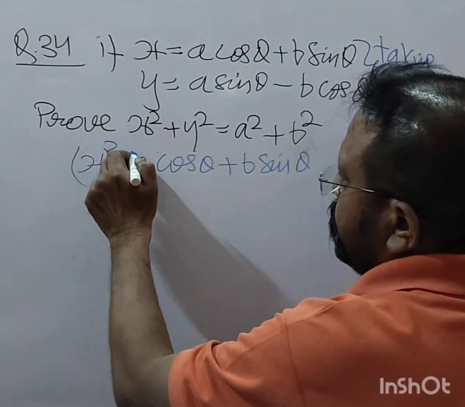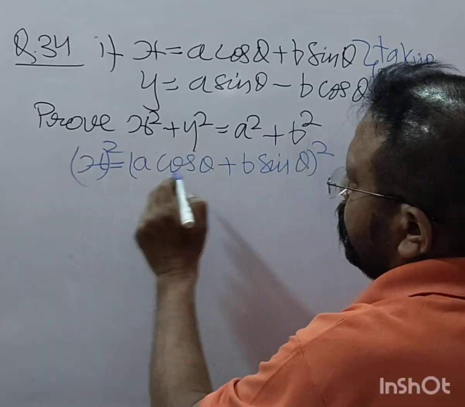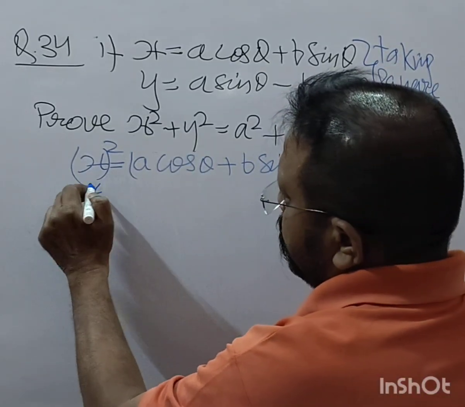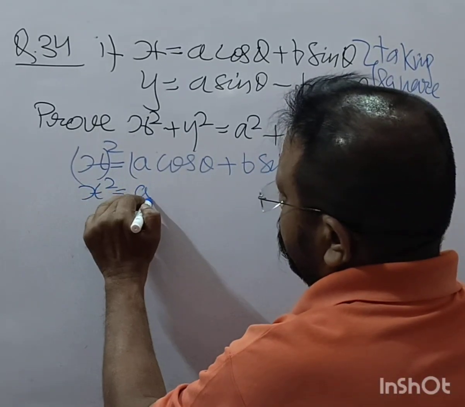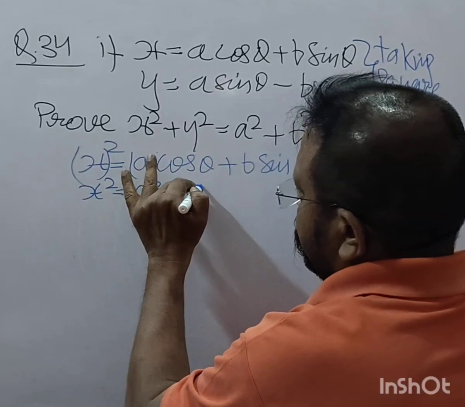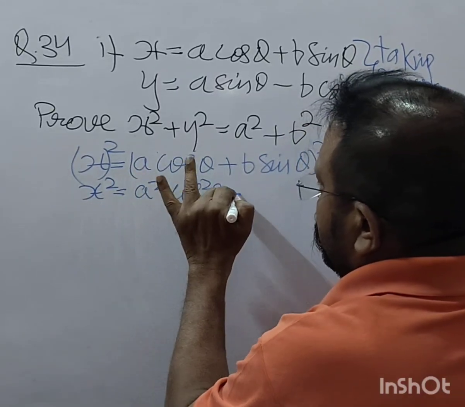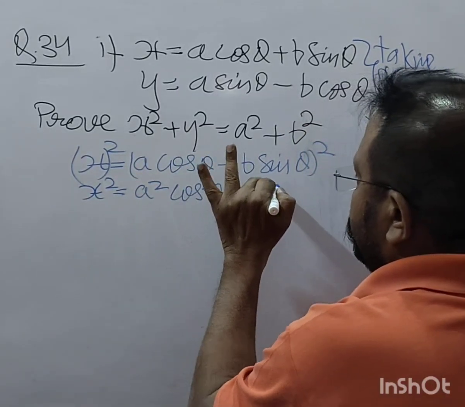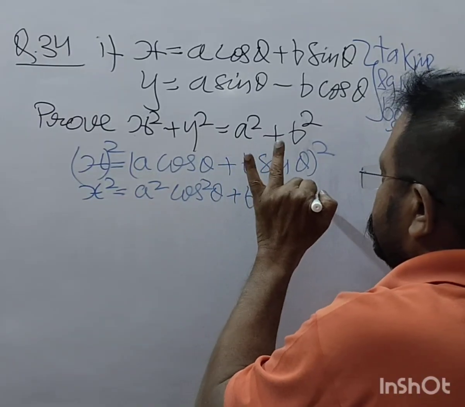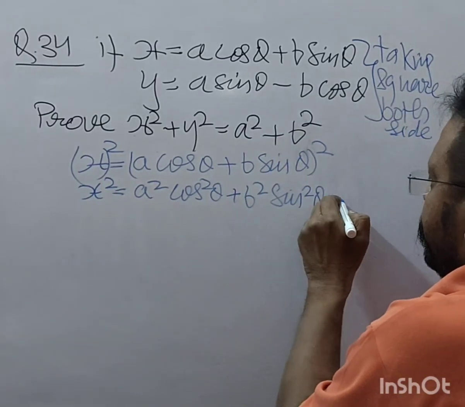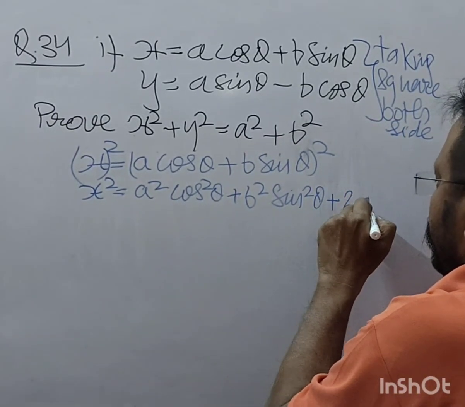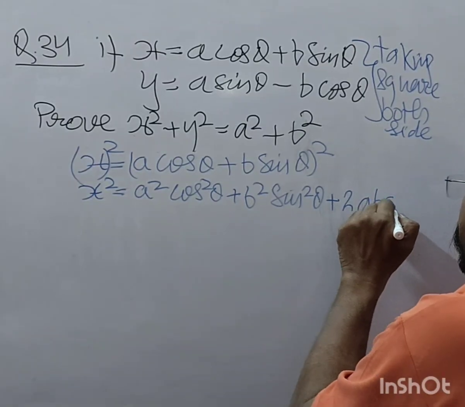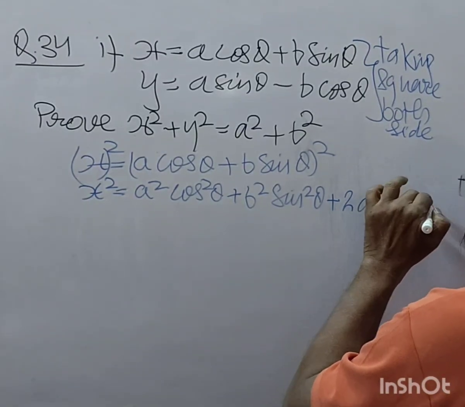Taking square both sides, it becomes x square is equal to a square cos square theta plus b square sin square theta plus 2ab sin theta cos theta.